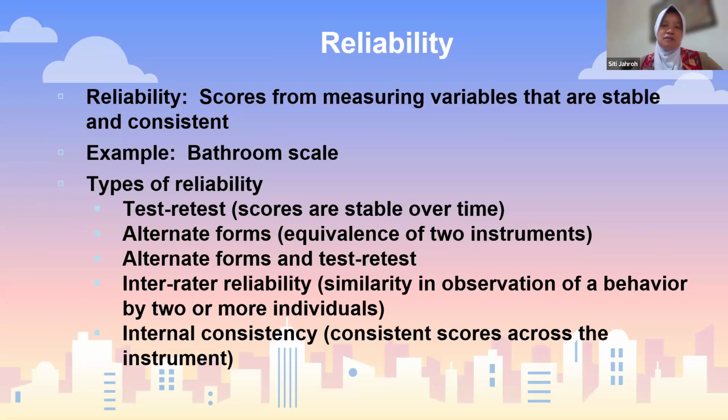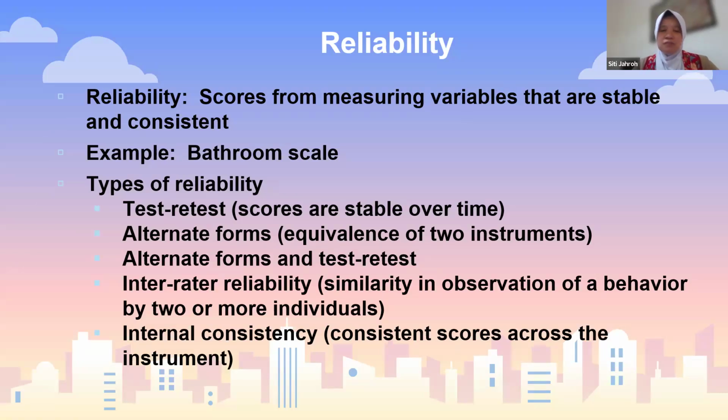Okay, so reliability scores come from measuring variables that are stable and consistent, for example, the background scale. The types of reliability: test-retest, where scores are stable over time, to make sure the questions are reliable.